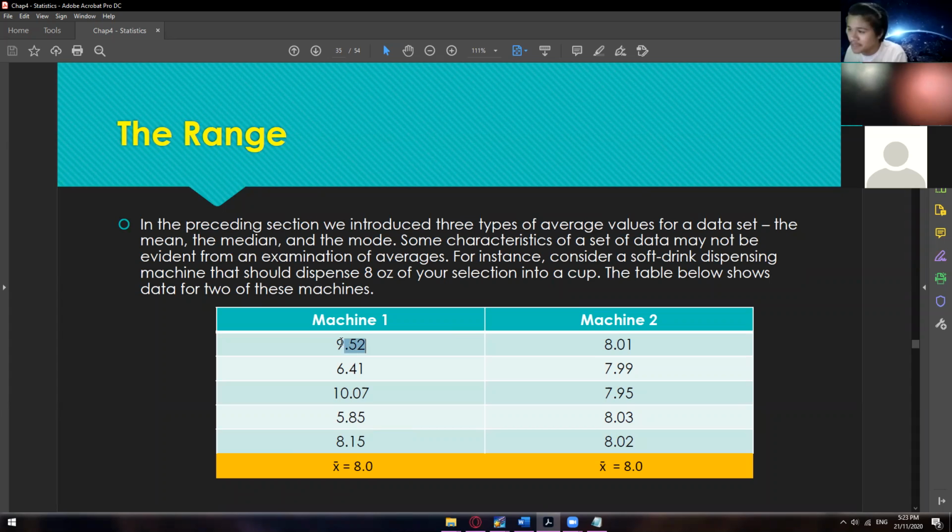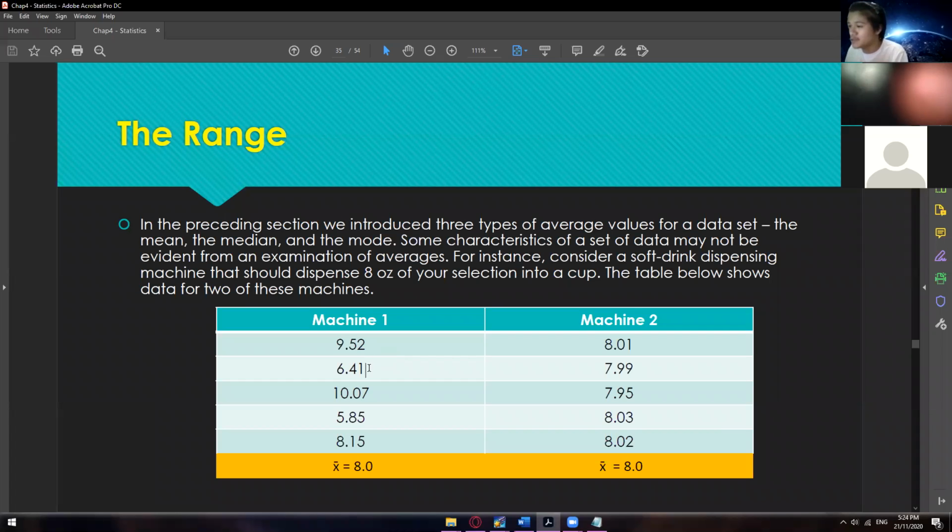On the first cup, it dispensed 9.52, so it's more than 8 ounces; 9.52 minus 8 is 1.52 ounces more. That's good because the customer is happier, since he got more than what he paid for. But the second customer only got 6.41 ounces, when he should be expecting 8 ounces on every cup.